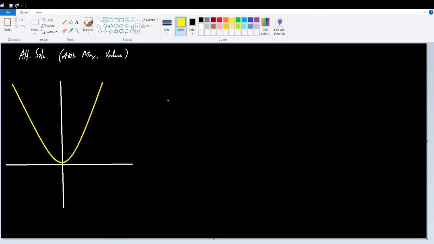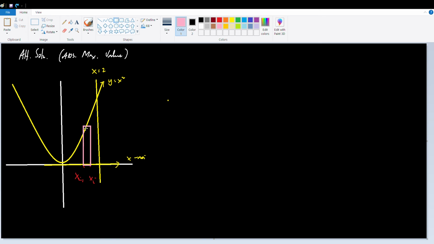Okay, so we have the same region R, same boundaries. So x equal to 2, y equal to x squared, then the x-axis. Let us indicate our ith interval, at x sub i minus 1 and x sub i, and we construct our rectangle with height equal to the absolute maximum value.